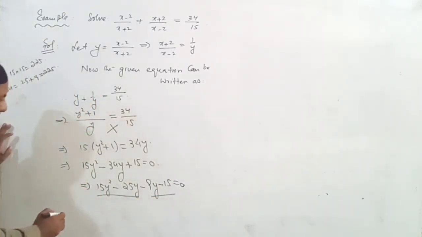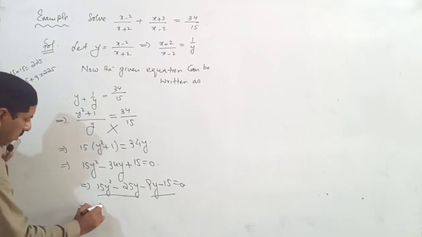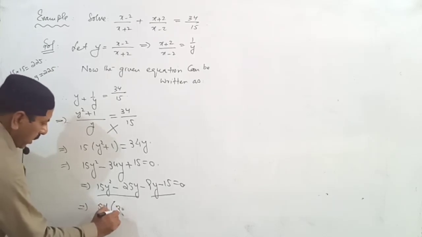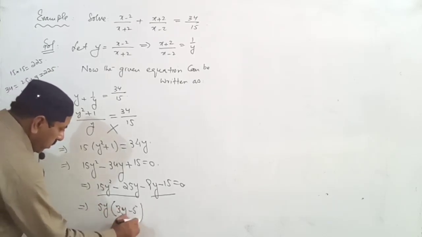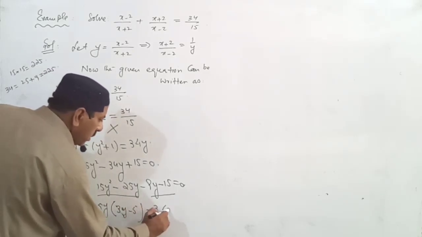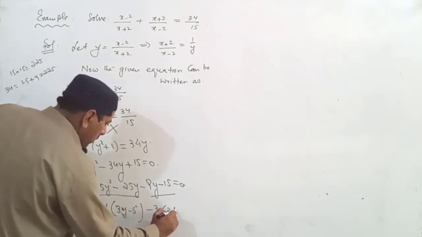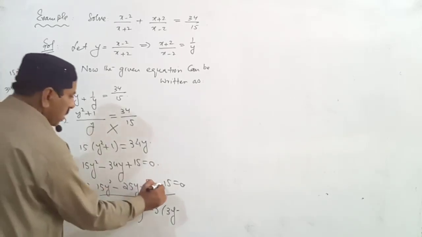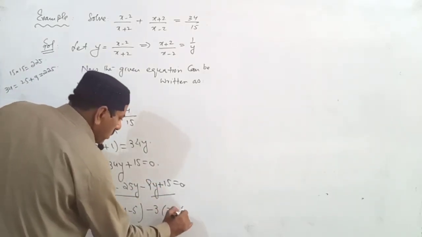So this will be 5y common, (3y minus 5), minus 3 is common, similarly (3y minus 5).